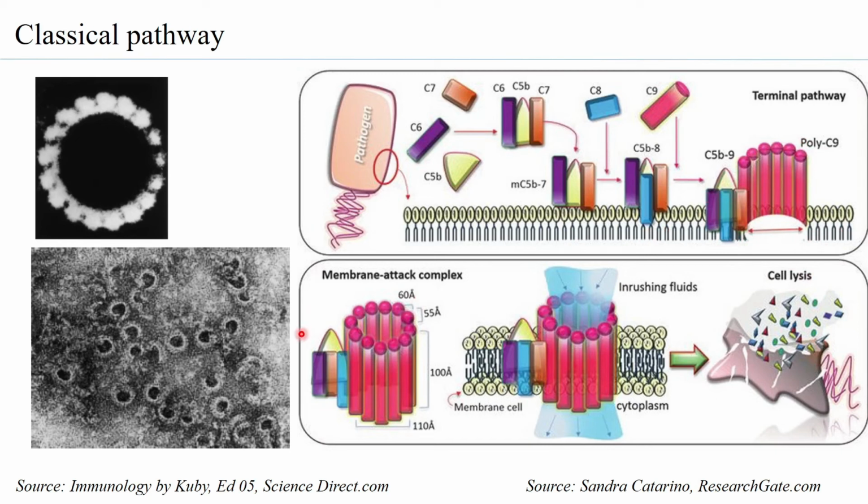So with this, you can see how the fluids rush from inside to outside, and that can lead to what is called cell lysis. This is the climax of the cascade. Step 1, 2, 3, 4, 5, boom. That is what is going to happen.